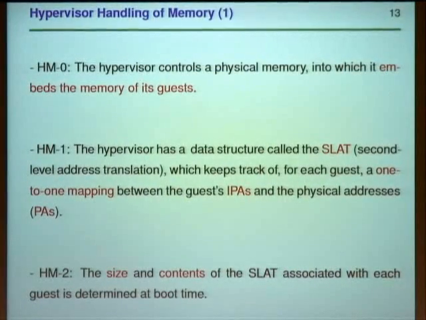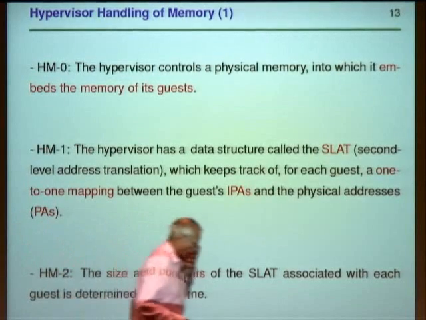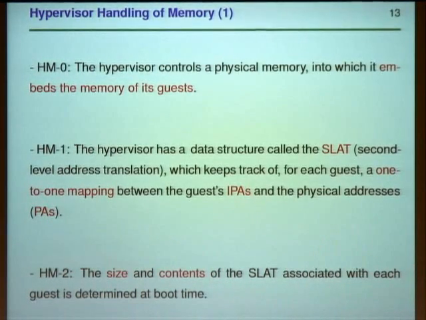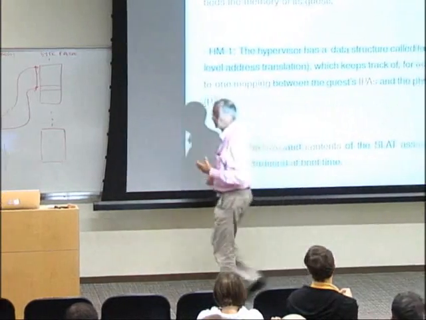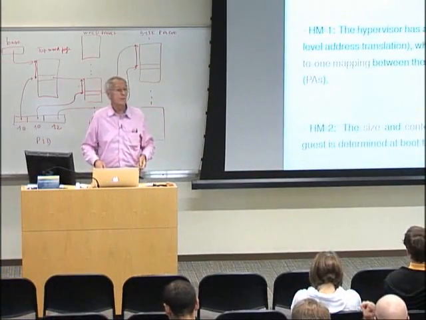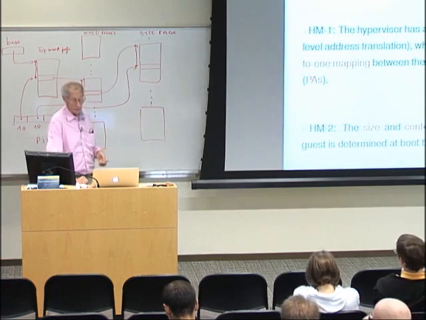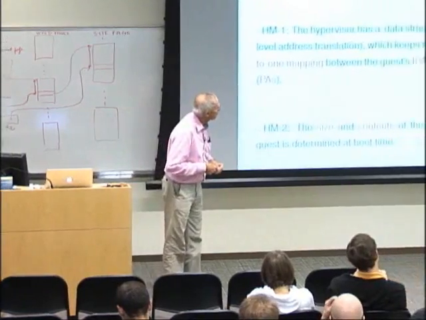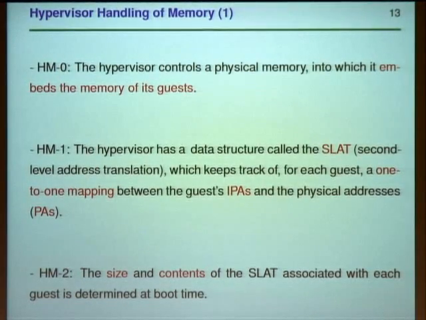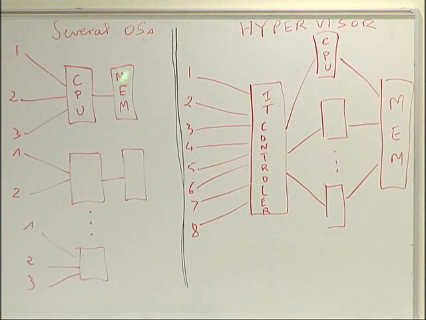And to make this easy, the hardware has a device called the SLAT, the second level address translation, which keeps track for each guest of a one-to-one mapping between the intermediate memory address for each guest and the physical address on the memory of the hypervisor.